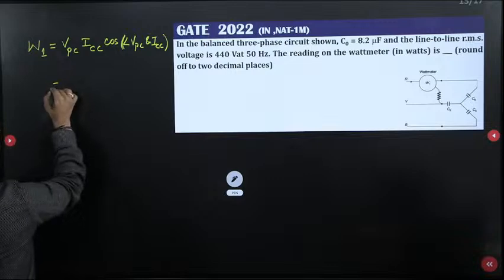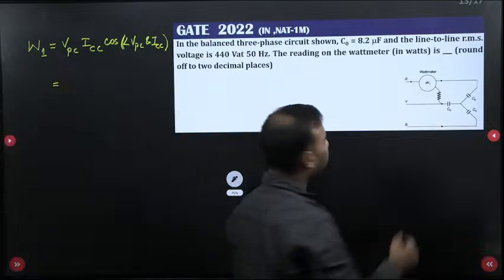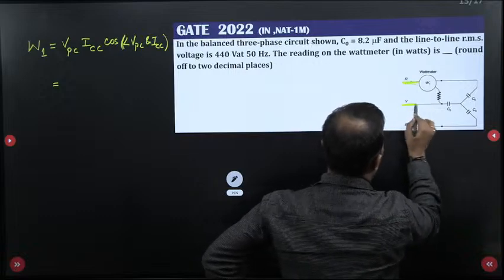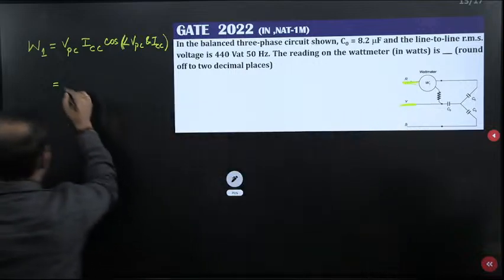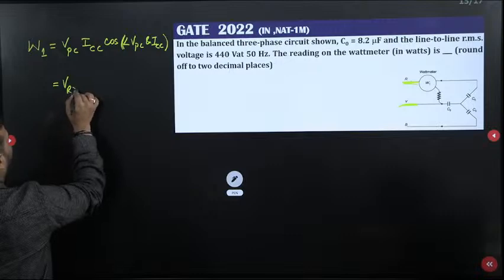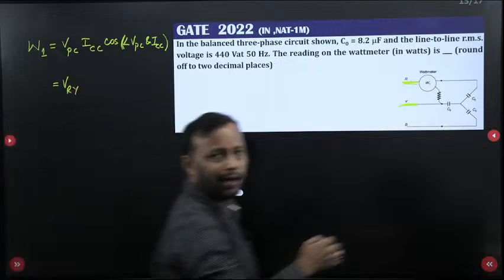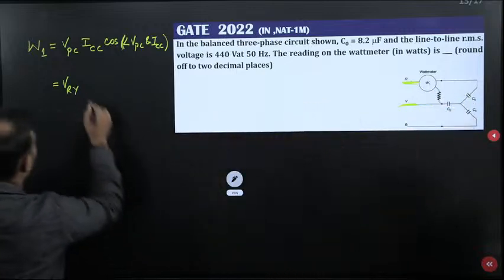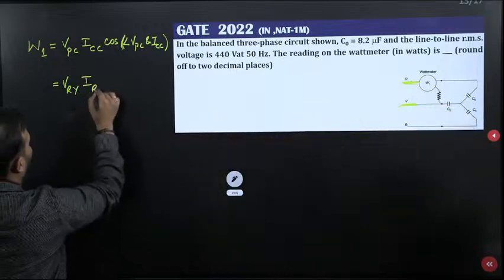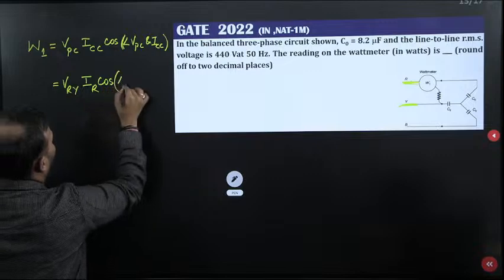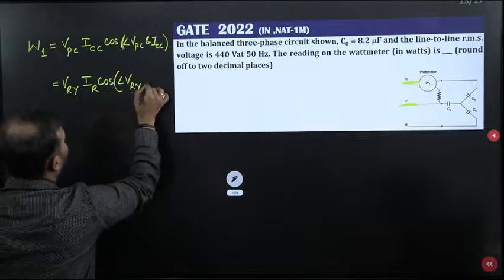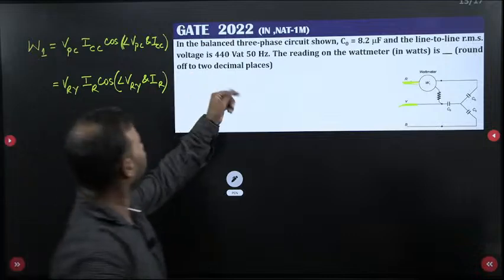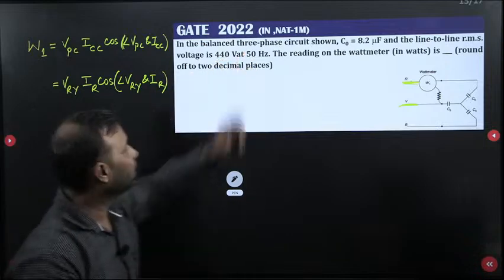Okay, so VPC is connected between which to which line? R to Y. See, R to Y. So this is V RY, and your current coil is connected in the R line. So I R. So we need to find cos of the angle between V RY and I R. Now in the question, if you see carefully, your line to line voltage is given.